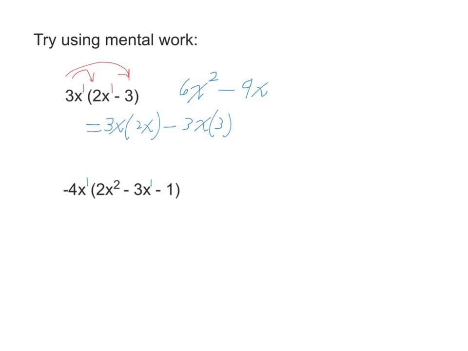Let's see how you did on the next one. The next one would be negative 8x cubed plus 12x squared plus 4x. If you weren't able to get that one, let's look at the expanded version of it.